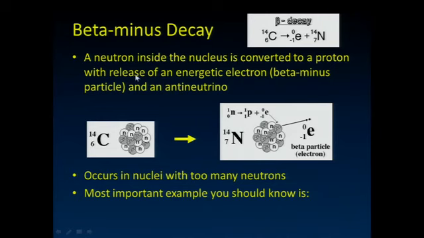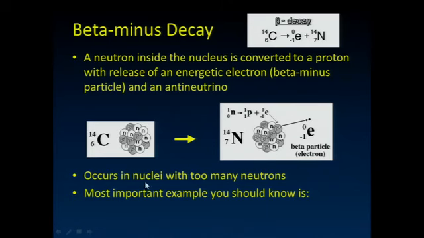And it's going to release an energetic electron in doing that. The charge of this neutron is neutral. We need to convert it to a proton. That means we need to lose some negative charge there. So it releases this energetic electron, which is referred to as a beta minus particle. It also results in the production of an antineutrino, which I'm not going to go into here.